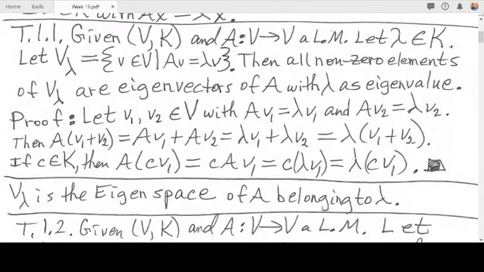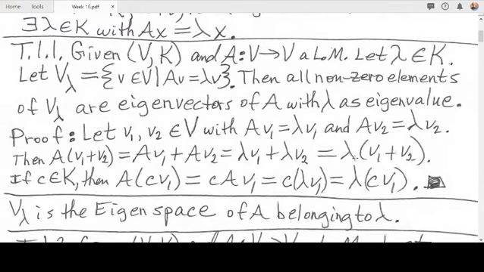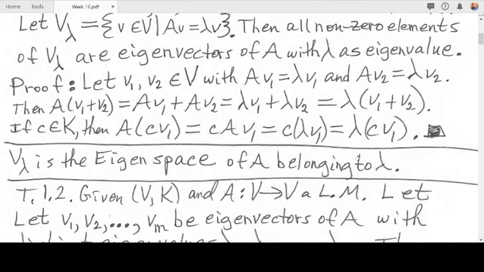So the proof is very easy. It follows the two criteria for a subset of V to be a subspace of V. That is, it must be closed under vector addition and scalar multiplication, as you see. V lambda is called the eigenspace of A belonging to lambda. That is, V lambda contains all of the eigenvectors of A that belong to a particular lambda.